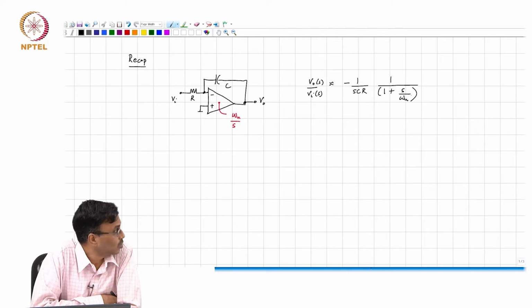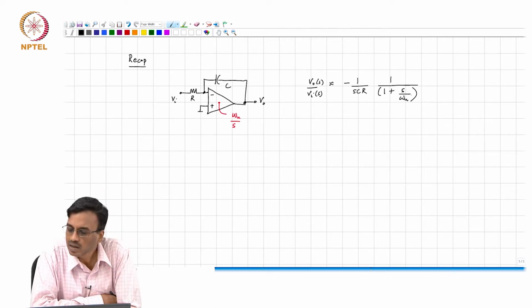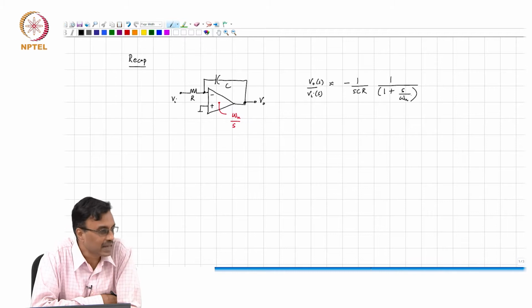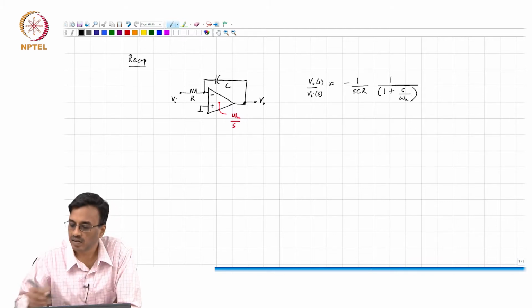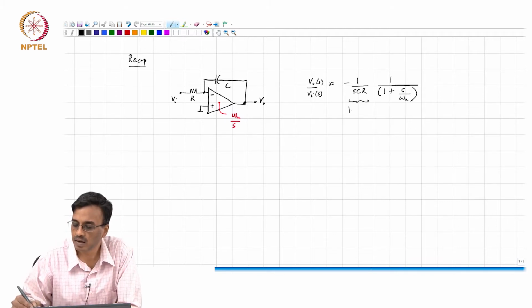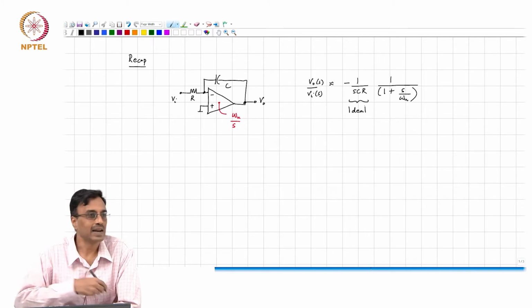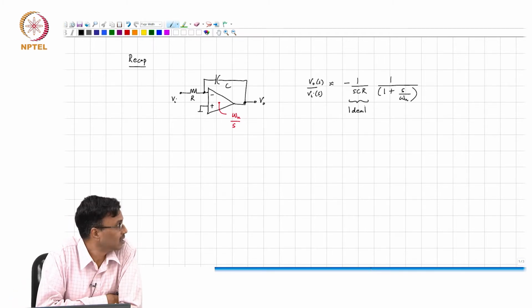Intuitively, this equation is telling us that the first factor is the ideal transfer function that you would get if omega u tends to infinity.